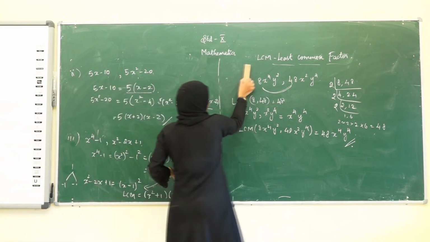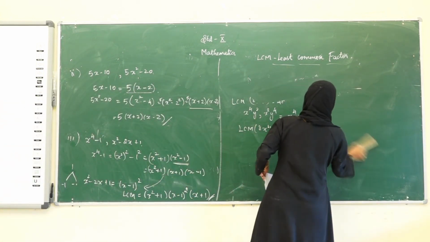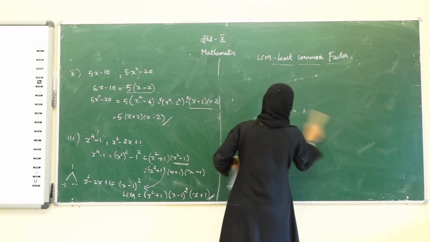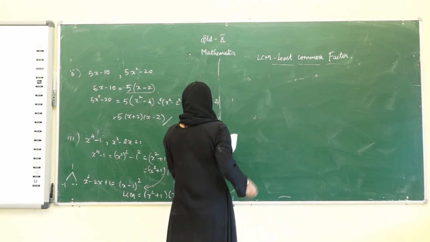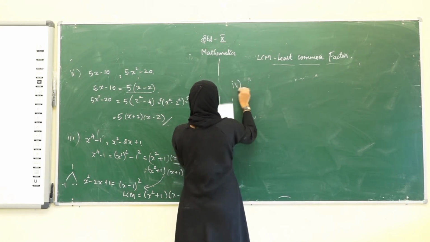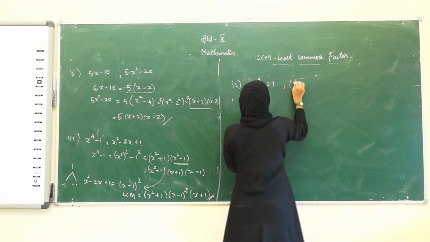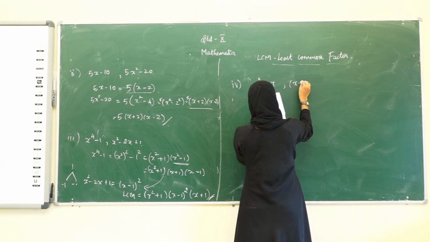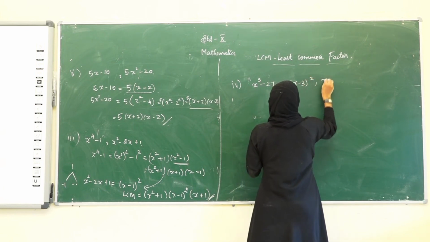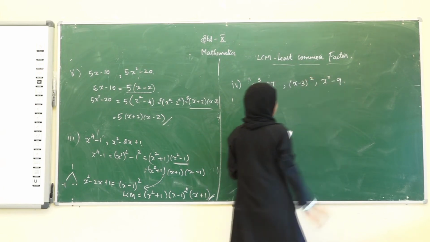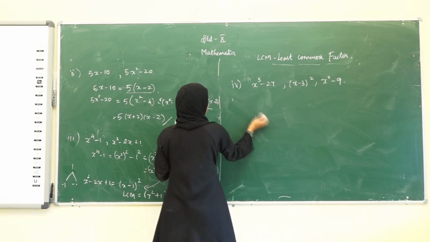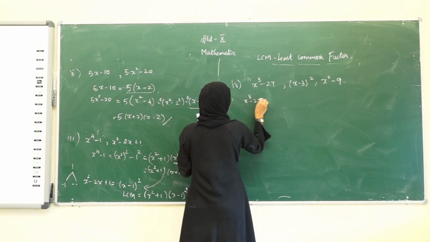So the last subdivision of this example, the fourth subdivision, is find the LCM of x cube minus 27 comma x minus 3 the whole square comma x square minus 9. They have given 3 terms, right? First we take x cube minus 27 alone. How can you write it?